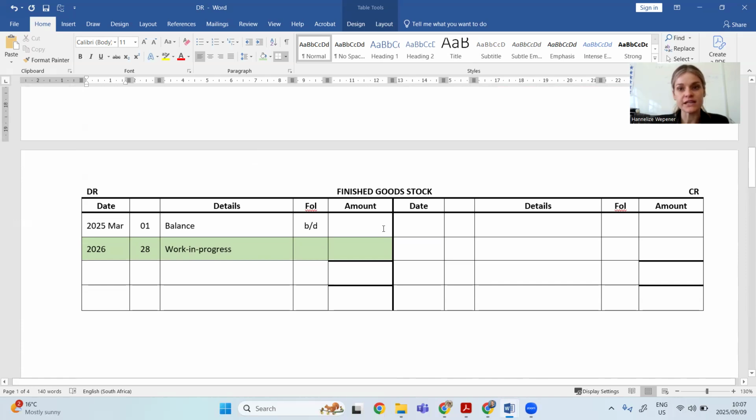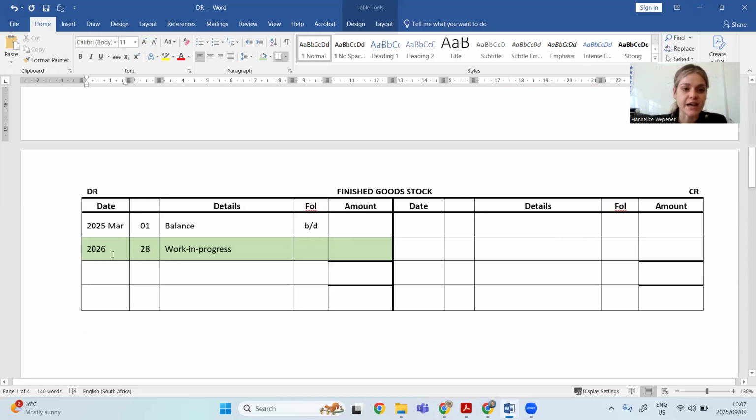Right, finished goods stock. So now we are finally going to see how much we sold. So in your trading stock account, you would have had balance brought down, all of your purchases, and then on the credit side, you would have had all of your cost of sales or then returns of stock. This would have been on your credit side. And now you're going to see your cost of sales and your finished goods stock. So you're going to start with how much did I have available for sale at the beginning of the period?